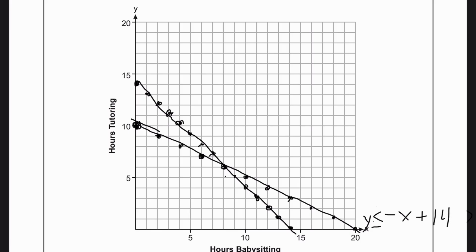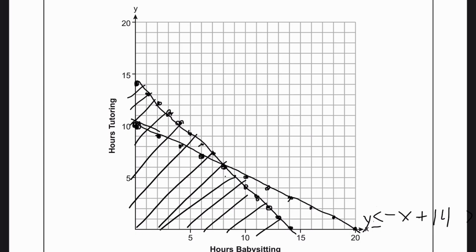So I kind of have a vision in my head here for shading. I'm going to shade this one below. Okay, yes, I shaded that right, and then I got the label wrong again.